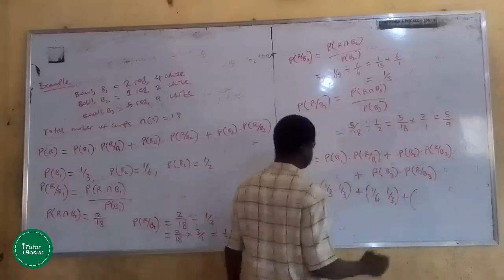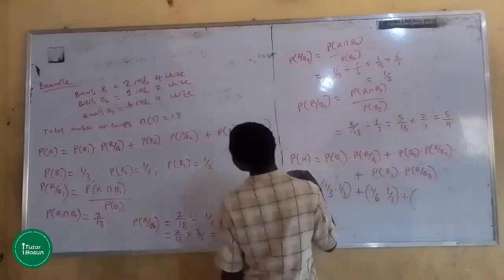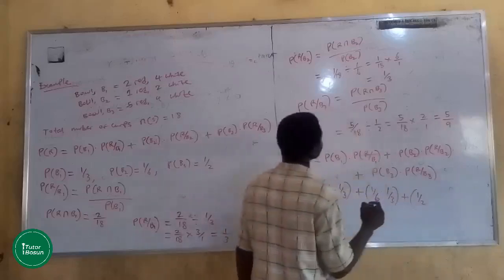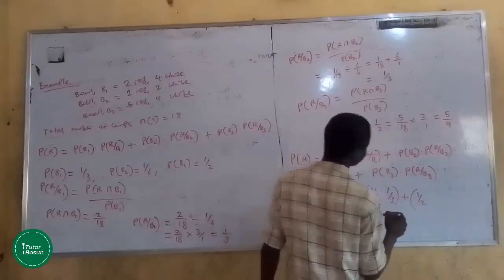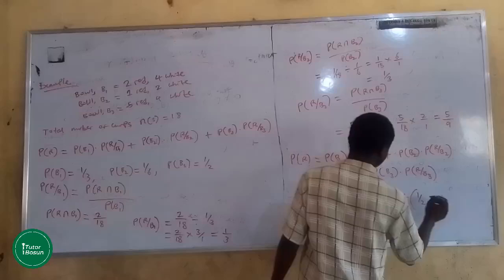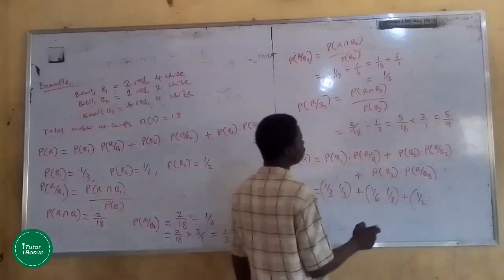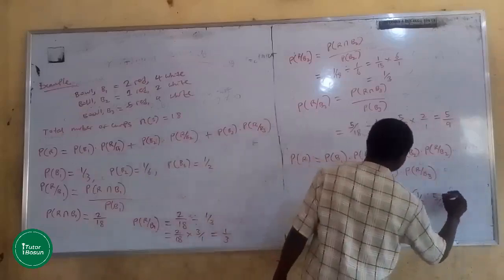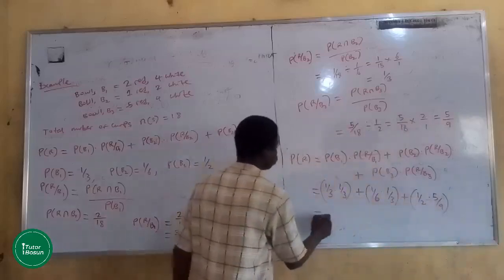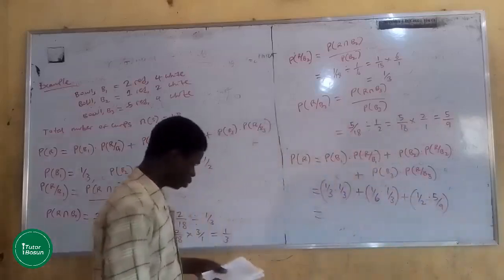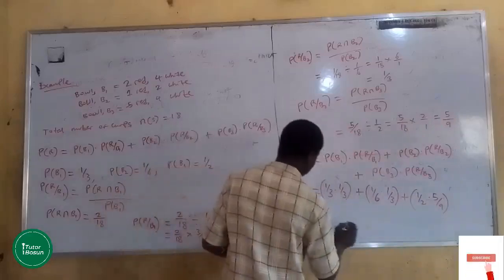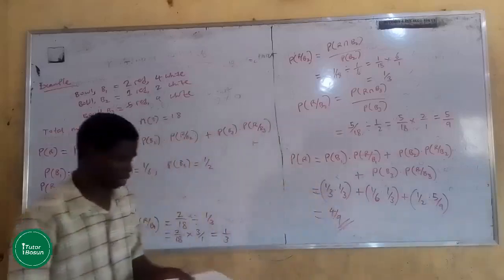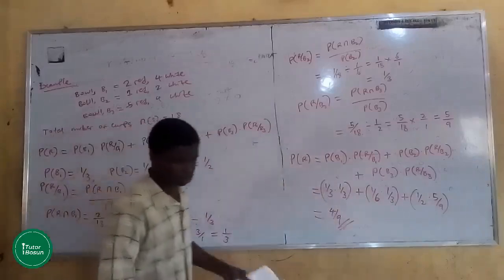Plus the probability of B3, given as 1 over 2, multiplied by the probability of R given B3, which is 5 over 9. If we sum this together, we should be getting 4 over 9 as our final answer, that is, as our total probability.